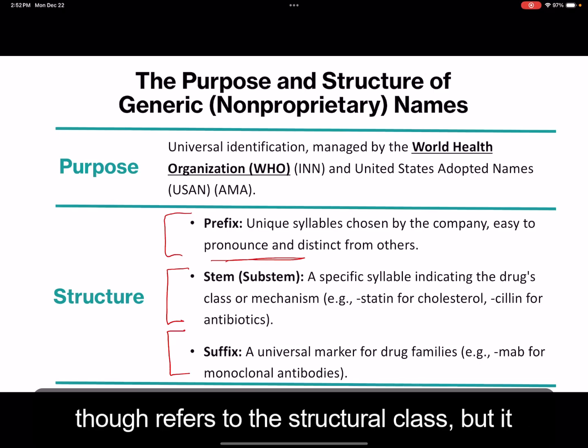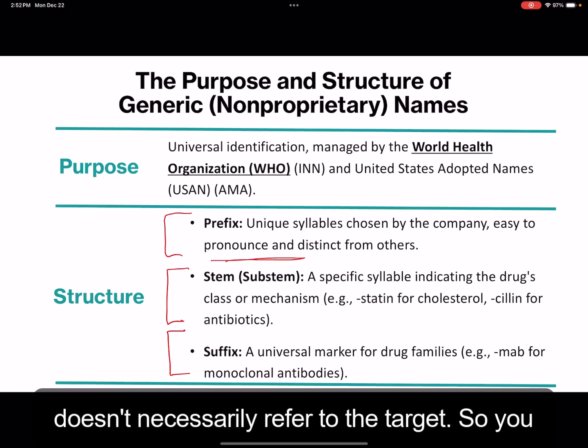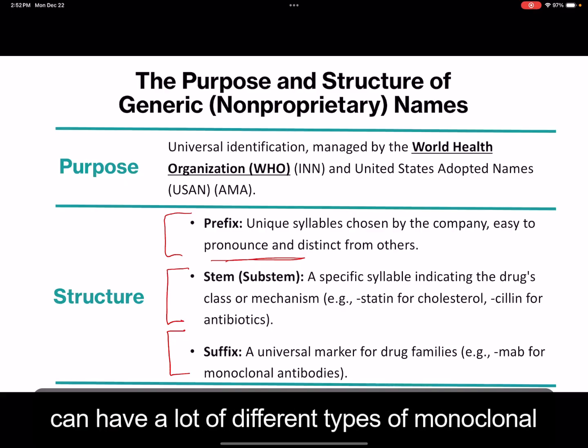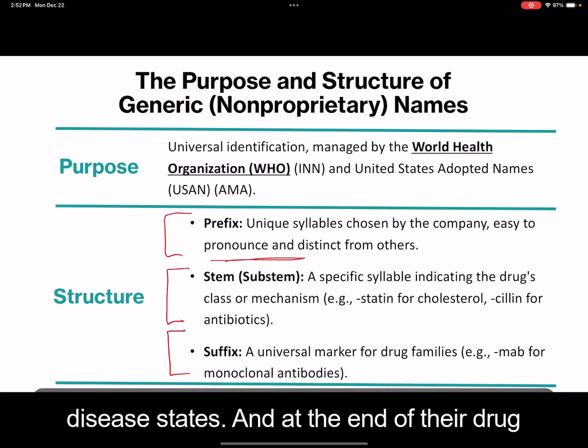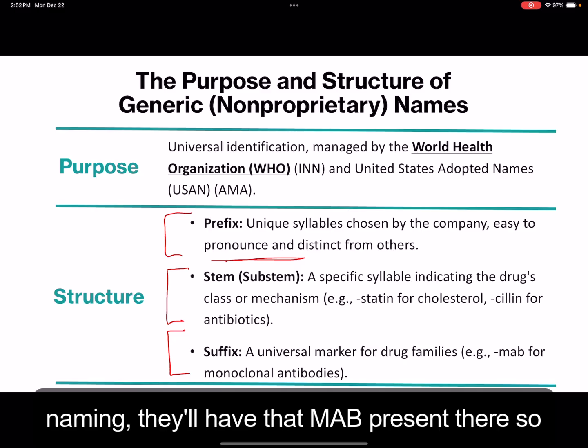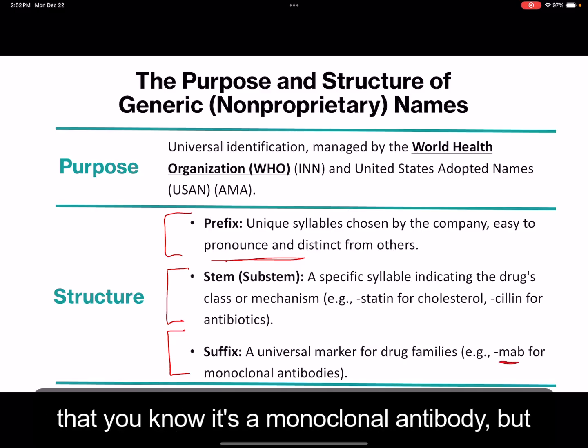The suffix, though, refers to the structural class, but it doesn't necessarily refer to the target. So you can have a lot of different types of monoclonal antibodies that are used for different specific disease states. And at the end of their drug naming, they'll have that MAB present so that you know it's a monoclonal antibody.